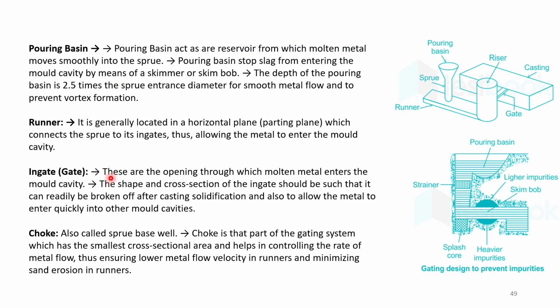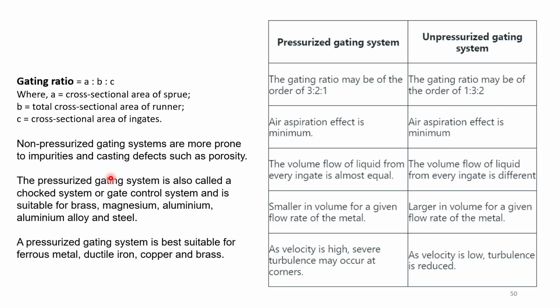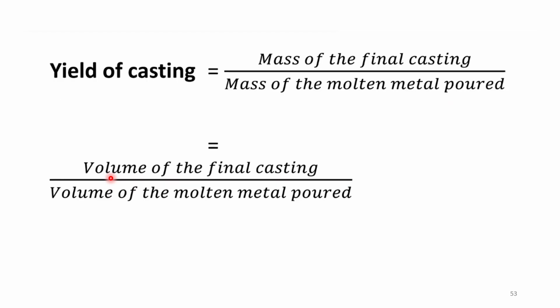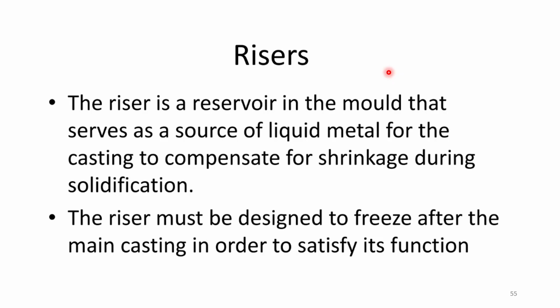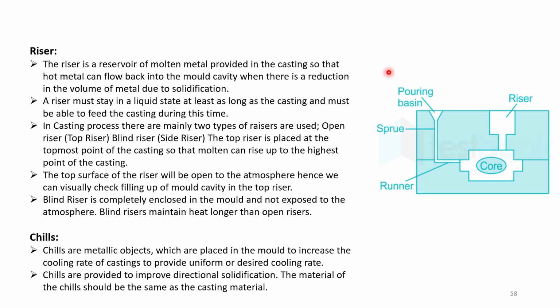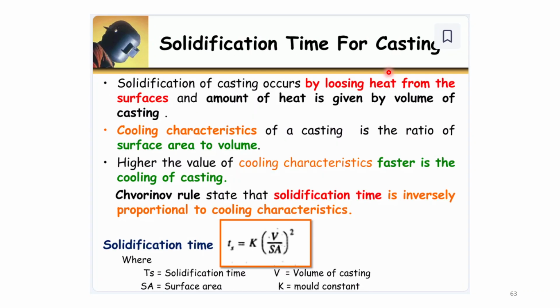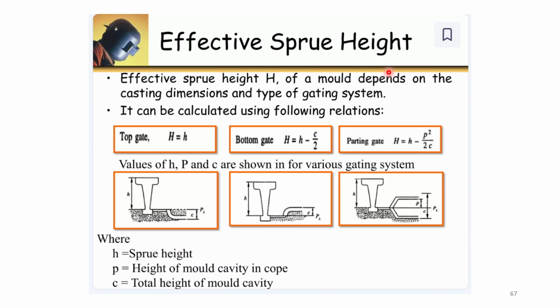Then we went through gating systems, various elements and various types of gating systems. Then casting yield, which is simply this formula. Then we went through riser design, various definitions of riser and how their designs are optimized, various methods.